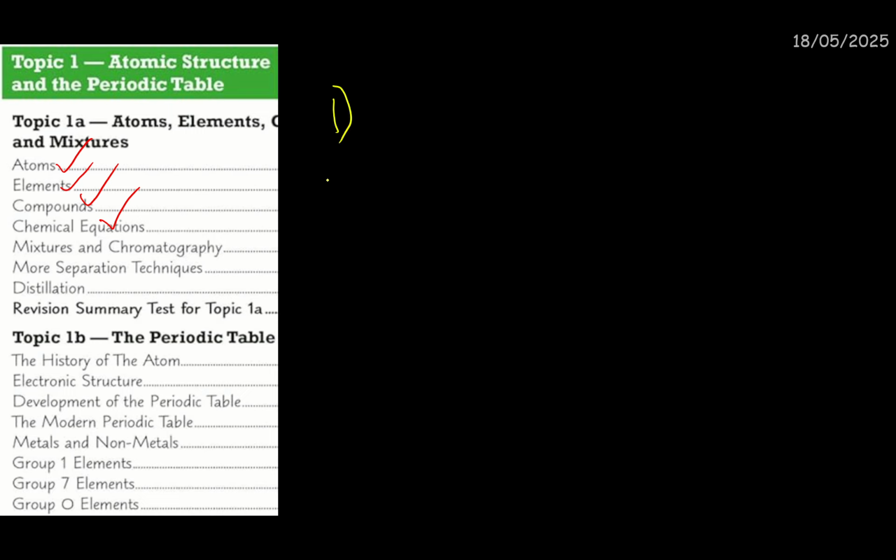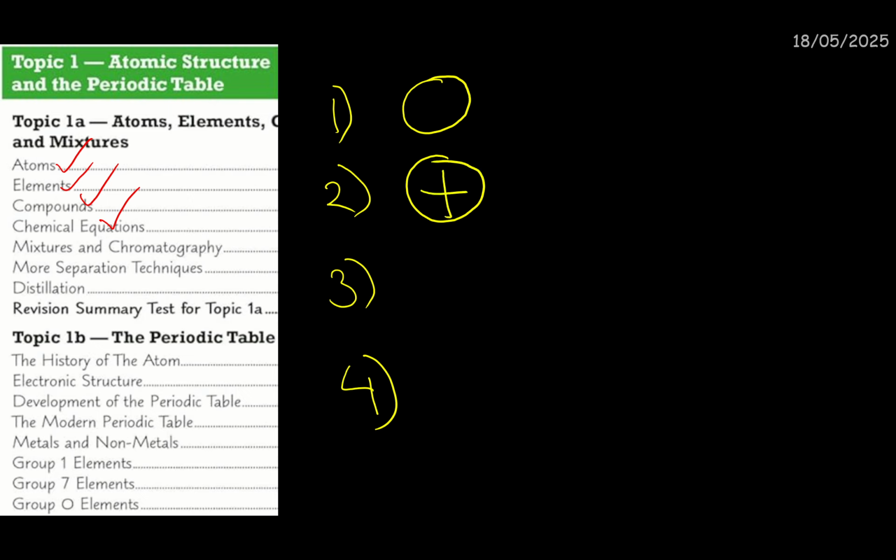In the first proposal, all atoms are essentially small spheres, the smallest possible sphere. The second stage was the plum pudding model, which said that the spherical structure has a ball of positive charge inside of it.